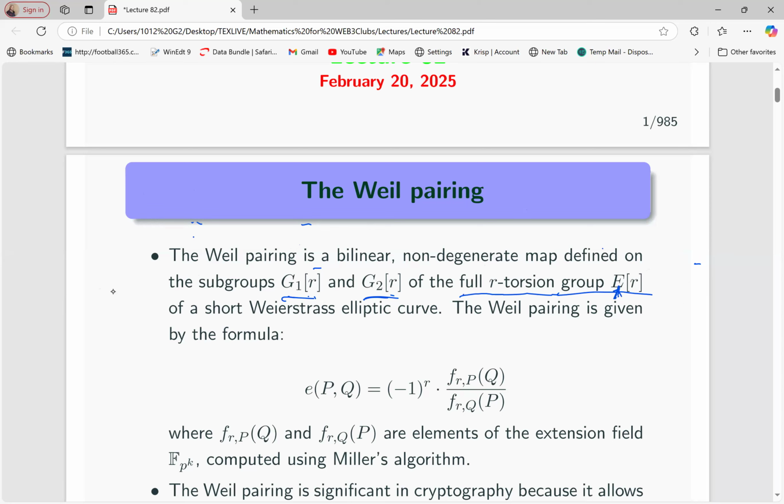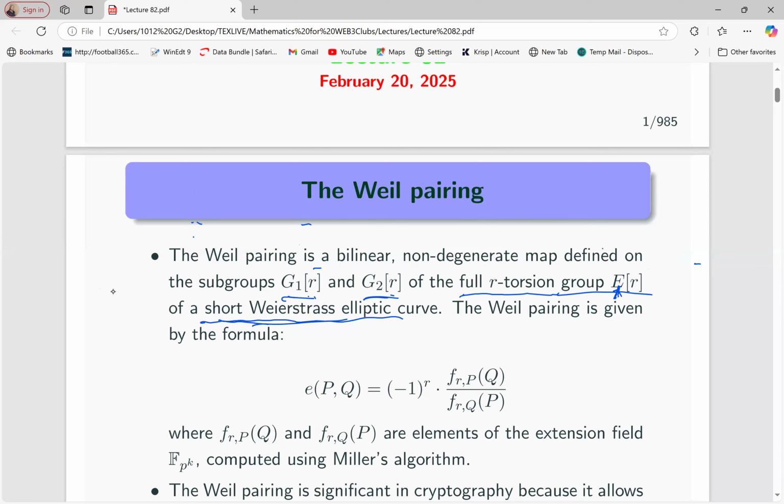Normally, the elliptic curve has to be expressed in the short Weierstrass form. Of course, we've talked about several other forms of the elliptic curve, but if you want to do Weil pairing, then you have to use an elliptic curve that is in short Weierstrass form.